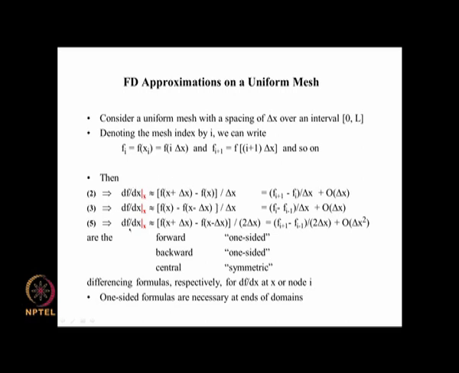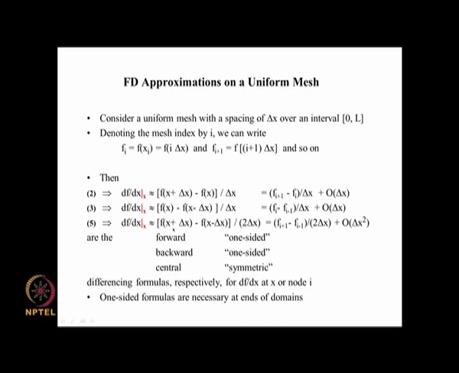Now there is some difference between these three approximations. So this first one is known as the forward differencing approximation, because df by dx at x is given in terms of f of I plus 1 minus fi divided by delta x. The second expression, where the same derivative at the same location is expressed in terms of fi minus fi minus 1 by delta x, that is known as backward differencing.